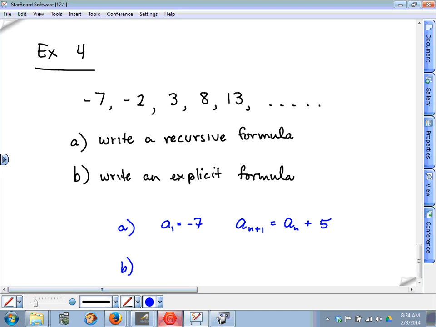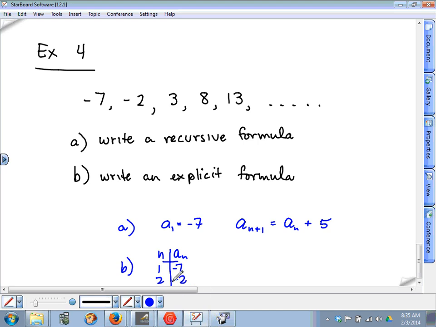An explicit formula is more like an equation that would describe this if this were a function. What I mean by that is if we had an input-output table with n and a sub n. When n equals 1, that's the first term of the sequence. Then we have -7. If n equals 2, which is the second term of the sequence, we have -2, and so on and so on.